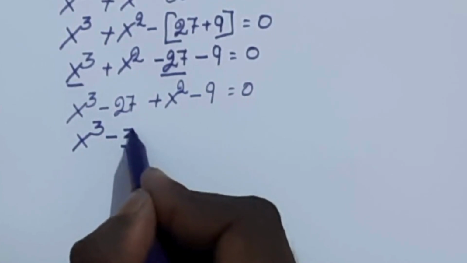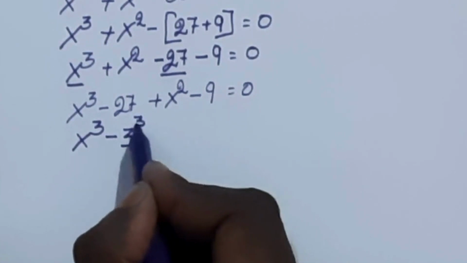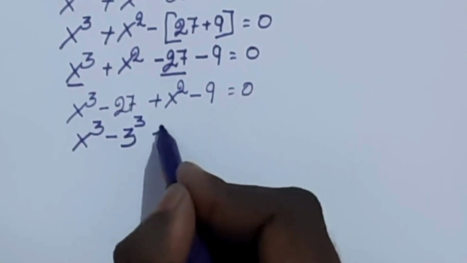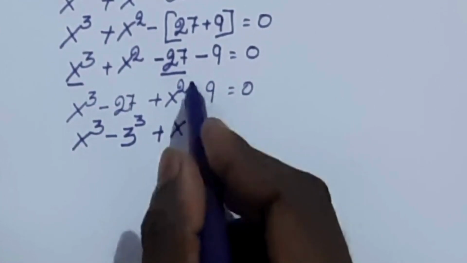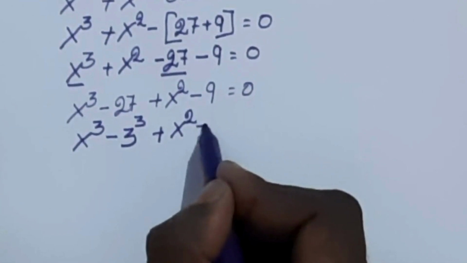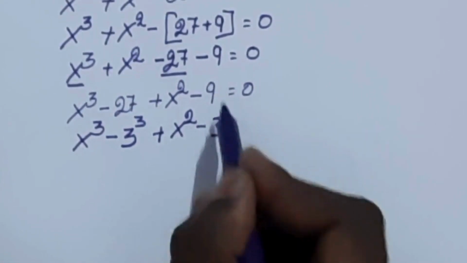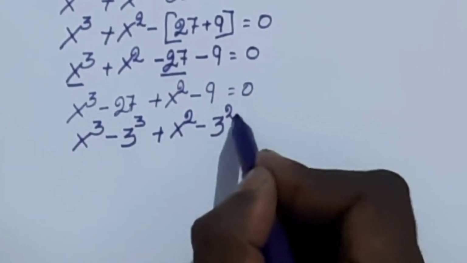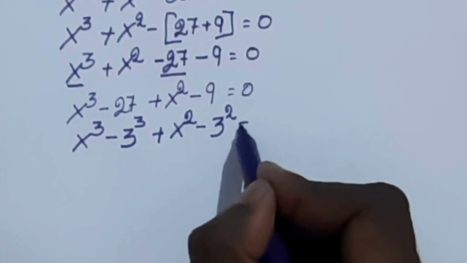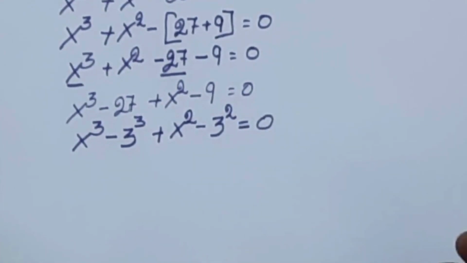Now this can be written as x^3 - 3^3 + x^2 - 3^2 = 0.